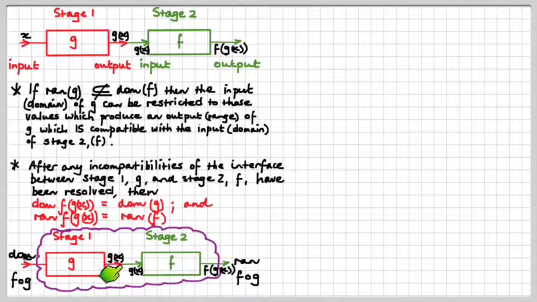Assuming that there's compatibility in here, then the domain of the composite function is what's going into this end, and the range of the composite function is what's coming out of that end. And you don't worry about what's going in there. Once you've got all that resolved, then you can just think of it as a little black box cloud-like mechanism, because you've got the inside of it sorted out, and that's the domain and that's the range.